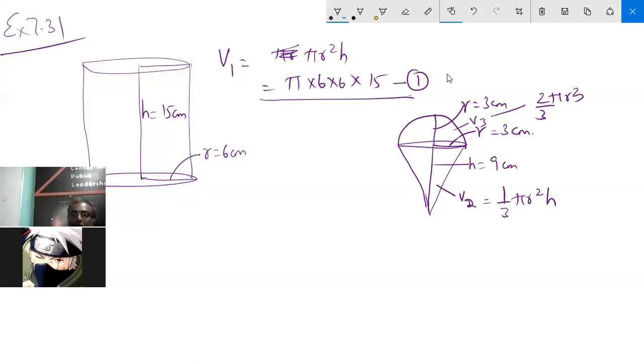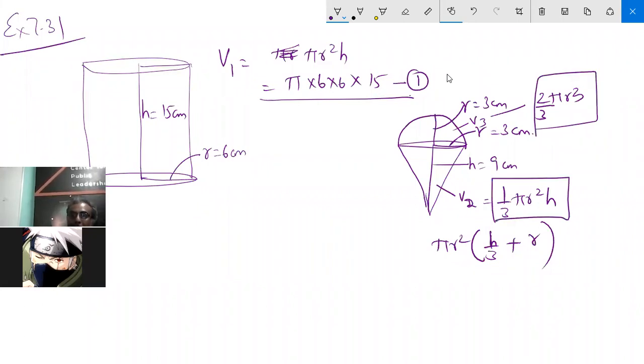So what you have to do, pi r squared is common, you take it out: 1/3 h plus 2/3 r. Understand? In this thing and in this thing, pi r squared is common. So you need not write 2/3 pi r squared into r plus 1/3 pi r squared h separately.